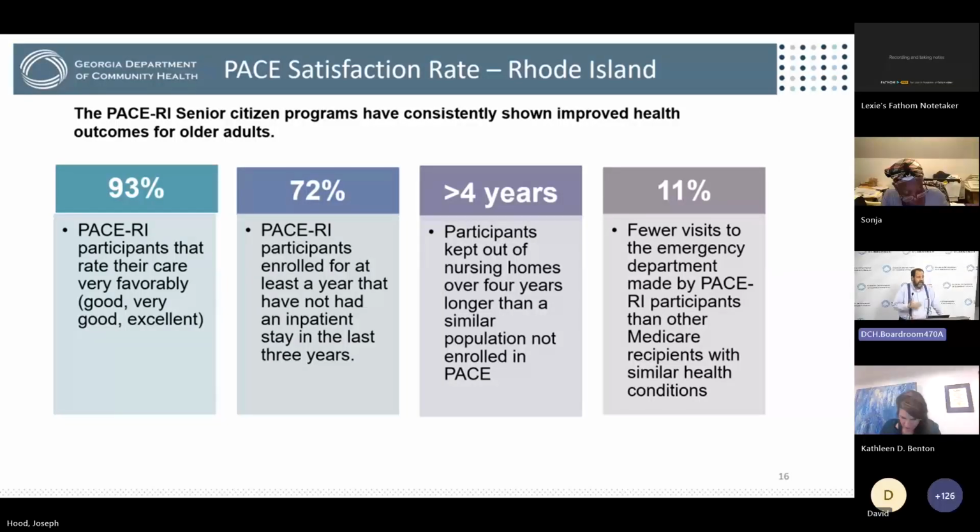And as I said, this is an optional program, so they can have the choice to leave the PACE program at any time if they choose. Over 4 years, greater than 4 years, participants were kept out of nursing homes when you compare them to a similarly situated population. And 11% fewer visits to the ER were made by PACE participants, again, for similar recipients.